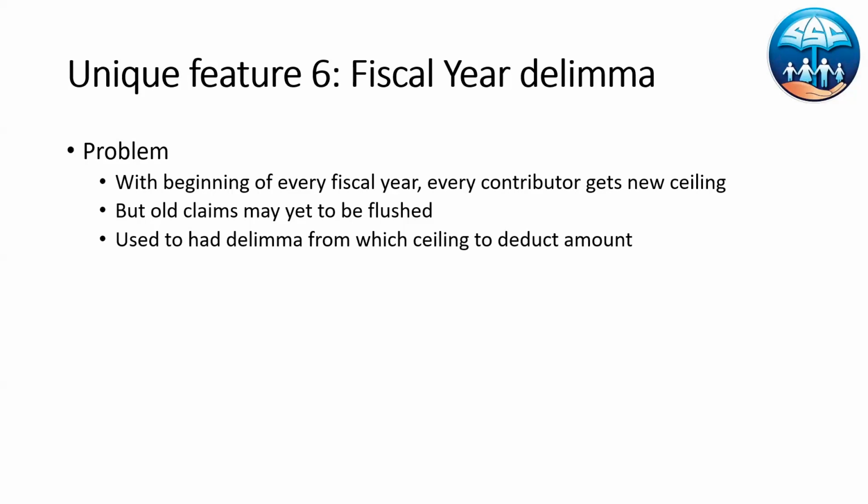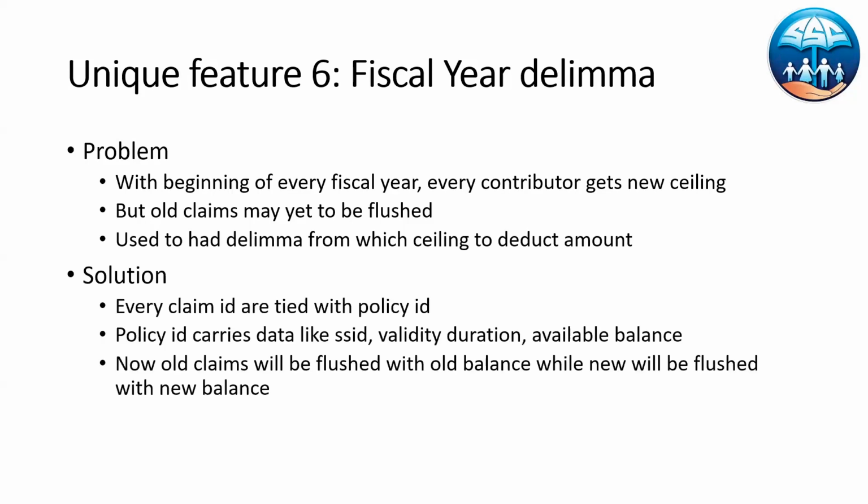For this problem, we introduced a solution where we tied a policy ID to every scheme. Every contributor needs to have an ID called policy ID, and this policy ID is tied up with the claim ID, which forms a unique ID again. Every policy ID carries data like the contributor ID, the validity duration of that policy ID, and the available balance as well.